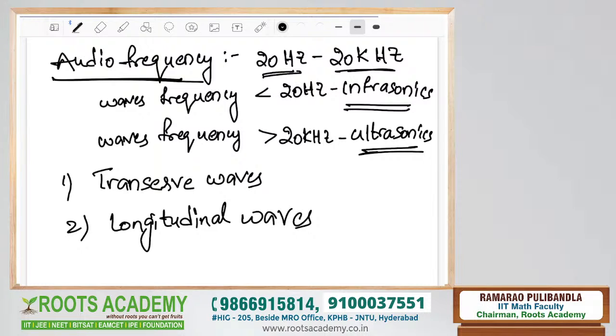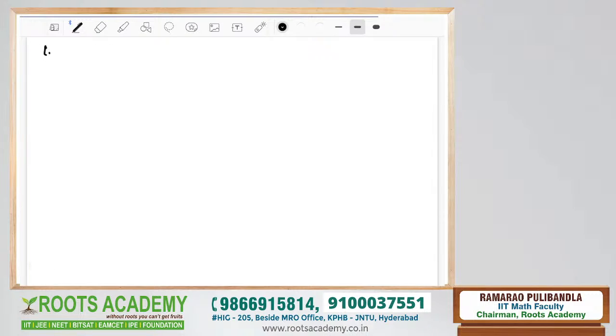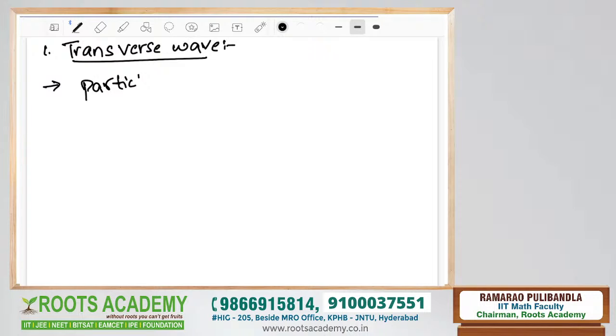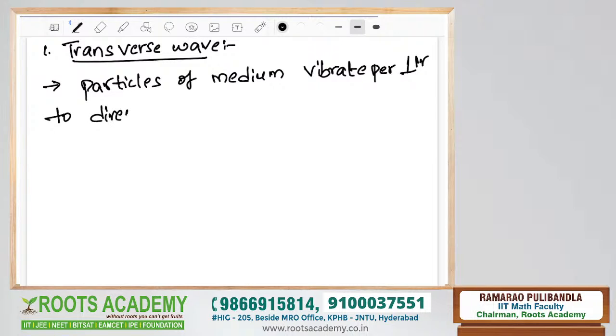Now we will look at what these transverse waves and longitudinal waves are and how they differ. First, the transverse wave. In a transverse wave, the particles of the medium vibrate perpendicular to the direction of propagation of the wave.